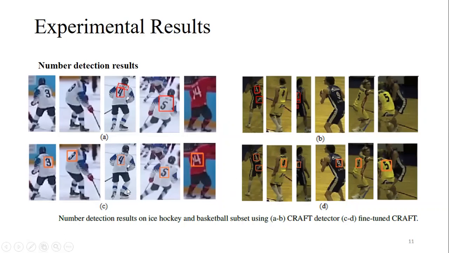Subfigures C and D represent the number detection using a fine-tuned CRAFT model on the same images from the ice hockey and the basketball subsets respectively. From this figure, we notice that the fine-tuned CRAFT model can detect jersey numbers in different and complex situations compared to the pre-trained CRAFT model.